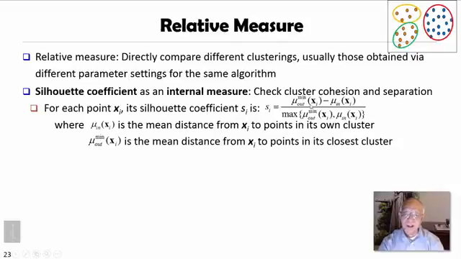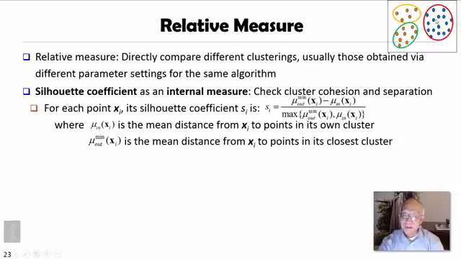How do we calculate it? We use this formula. In this formula, mu sub in is the mean distance to the points of its own cluster. It simply says, if we find this point in the blue cluster, we want to see this x sub i's distance to all the points in its own cluster, and we average them.